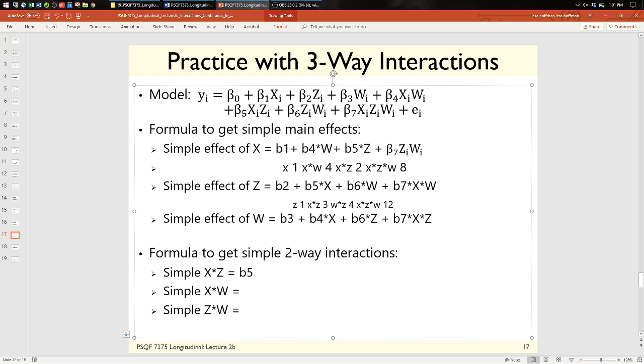So I've got a beta 5 plus, what else? Beta 7 times w, exactly. So the only time in which beta 5 gives you the x by z interaction is when w is 0 and this part drops.